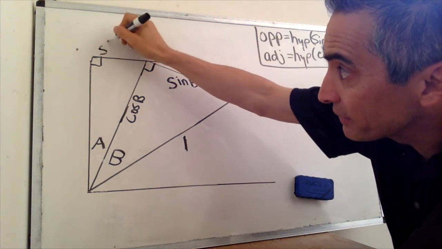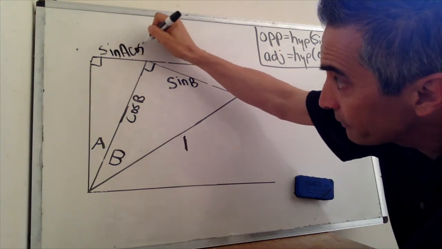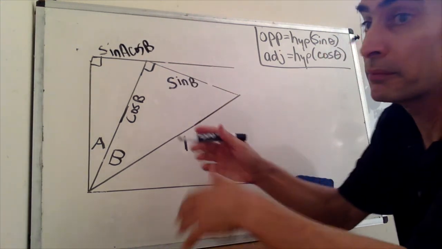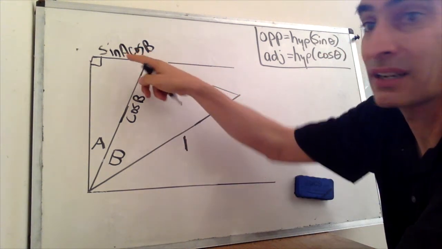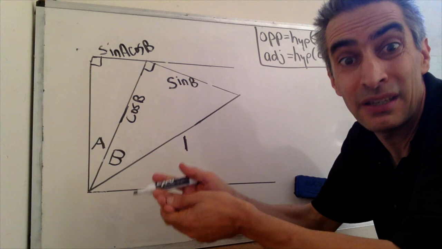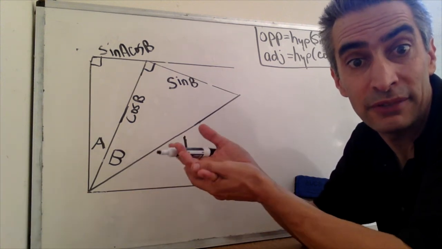So I'm just going to call this the sine of A cosine of b. And again, multiplication is commutative. So originally I said cosine of b times sine of A, but sine of A times cosine of b is equal to cosine of b times sine of A, since multiplication is commutative.